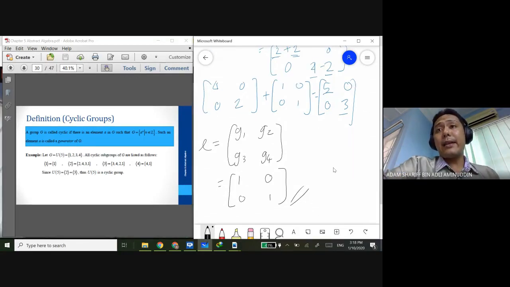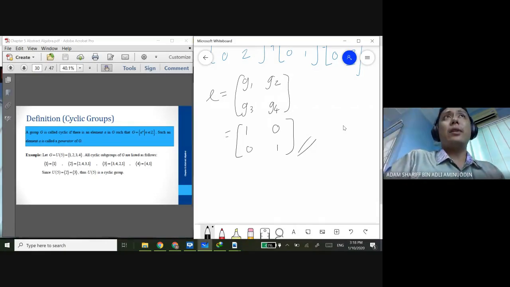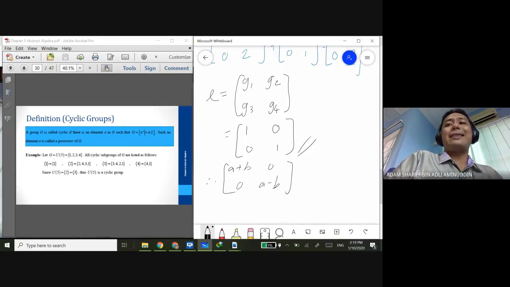As there exists the generator which can produce every integer inside, A plus B, 0, 0, A minus B. Therefore, A plus B, 0, 0, A minus B, such that this A and B is an integer under addition, is cyclic.